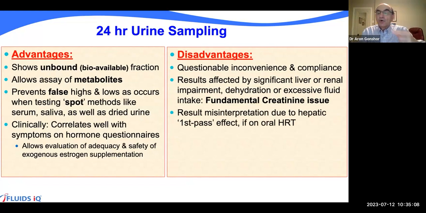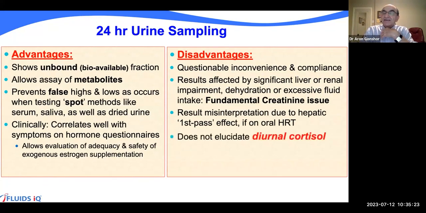If you're taking oral hormone replacement therapy, it gets into the intestine, gets into the hepatic area of the liver, and gets broken down. So you end up with some false ideas of what the actual concentration of those hormones are. It does not, as I said earlier, elucidate diurnal cortisol rhythm. It just doesn't. For that, you need saliva.